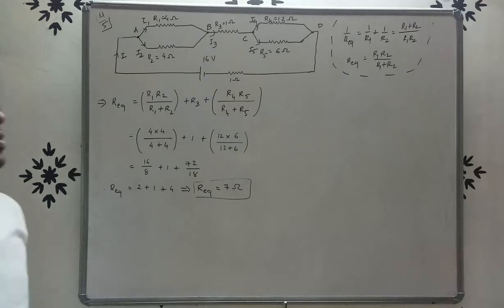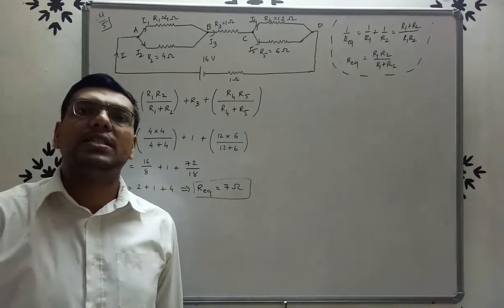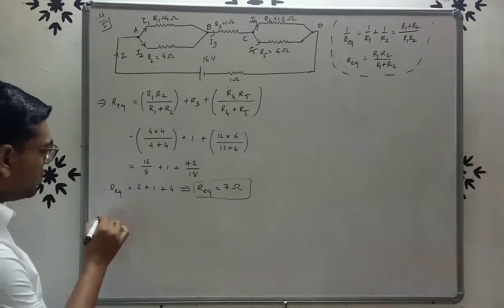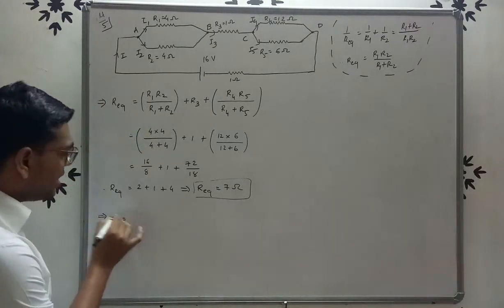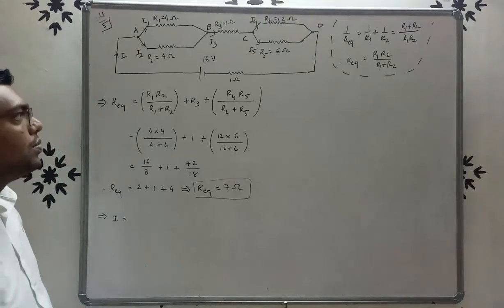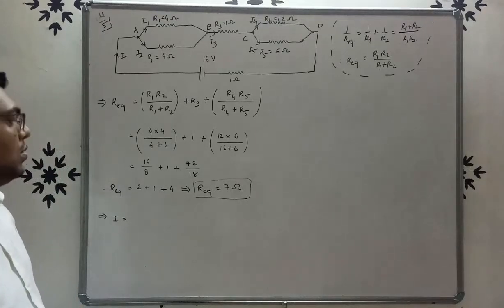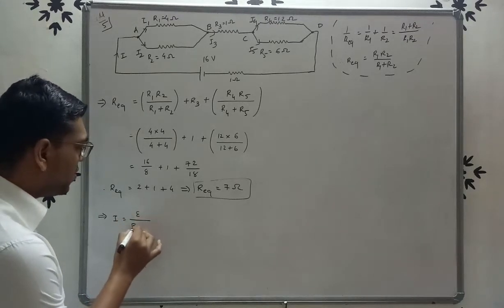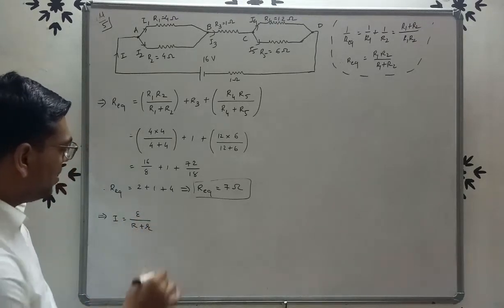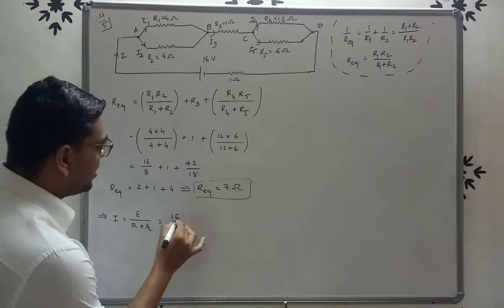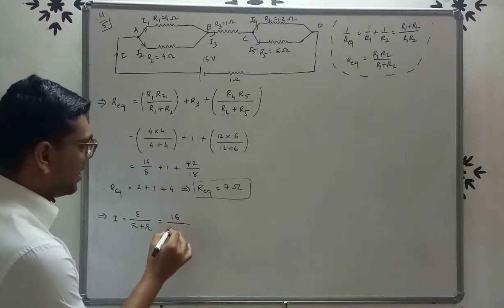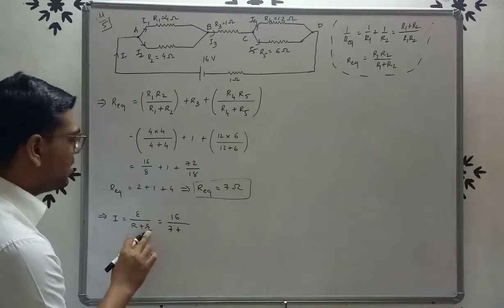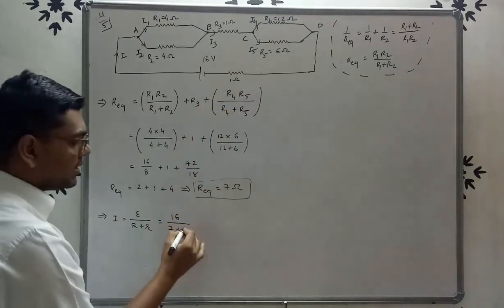Now we have to find the current in each resistor. First of all we have to find the total current. We know the formula: I is equal to EMF upon small r plus capital R. So EMF is 16, upon capital R, that is the equivalent resistance 7, plus small r, the internal resistance, 1.